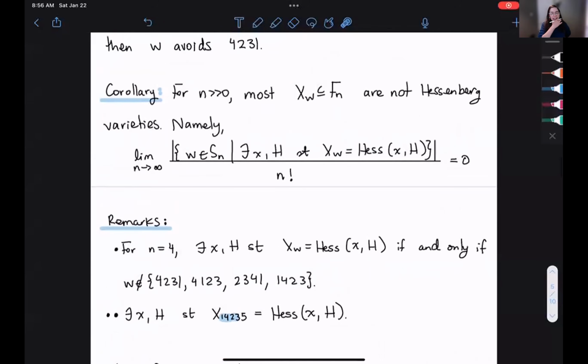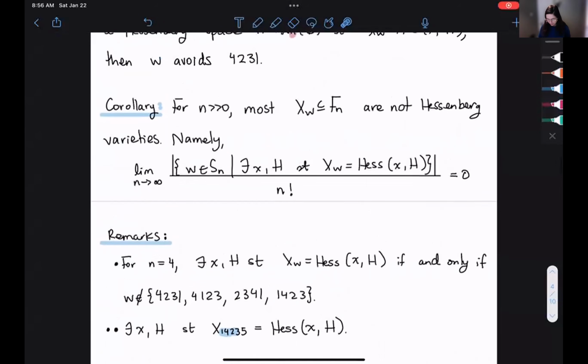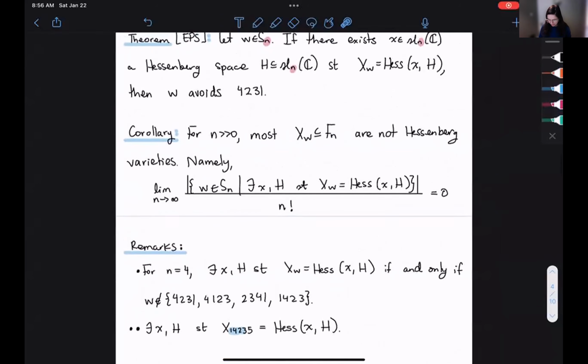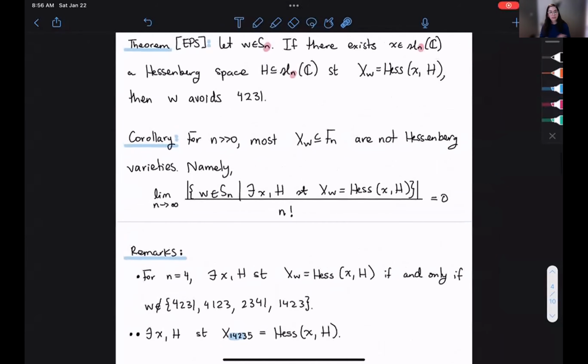Oh, and then a last remark that I want to make is that we also have a type C version of our theorem, because pattern avoidance exists in other types. In my opinion, the easiest one is type C because your type C Weyl group you can realize as a subgroup of the type A Weyl group.